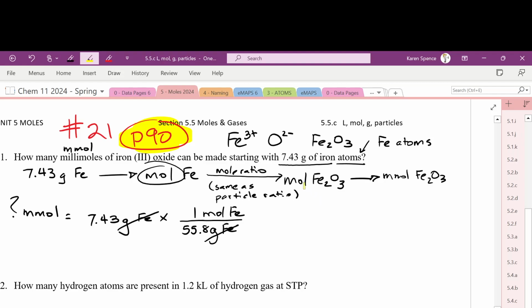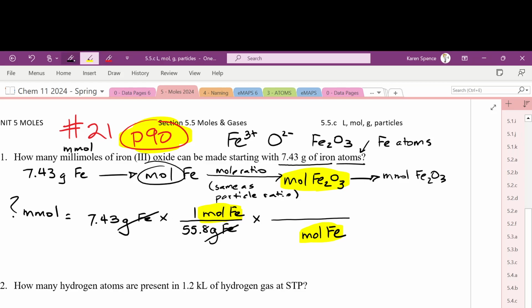For moles of iron, I want to go to moles of Fe2O3. So I can cancel moles of Fe2O3. Nope, that's not what I want to cancel. What do I want to cancel? Moles of iron, okay, because that's what I have on the top. So whatever you have on the top, it'll go on the bottom to cancel it, unless you're canceling something on the bottom, in which case it would go on the top.